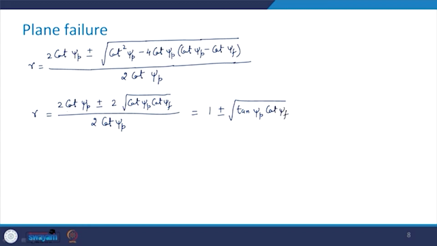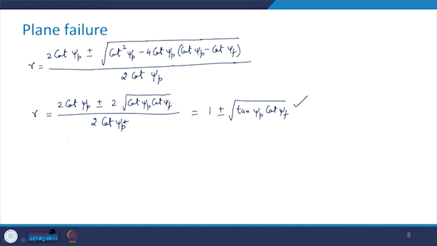See what will happen, this 2 cot ψp and 2 cot ψp will get cancelled out, and plus minus, this 2 and 2 will go, and when this goes inside the square root sign it will become square. So, one cot ψp will get cancelled out. So, this is what you will be left with.